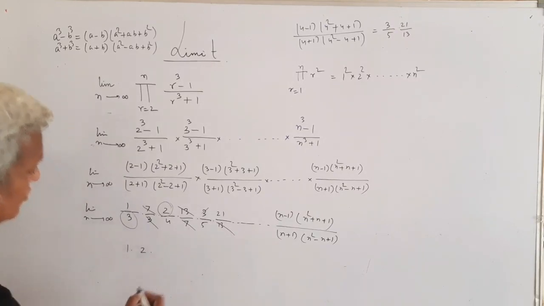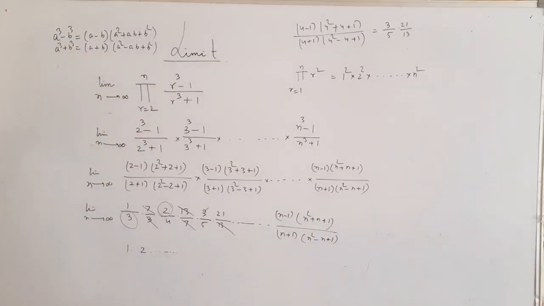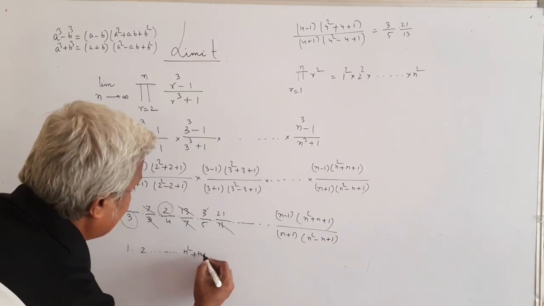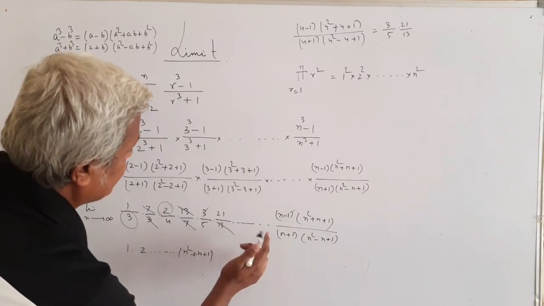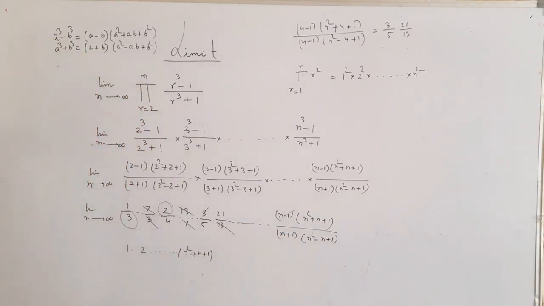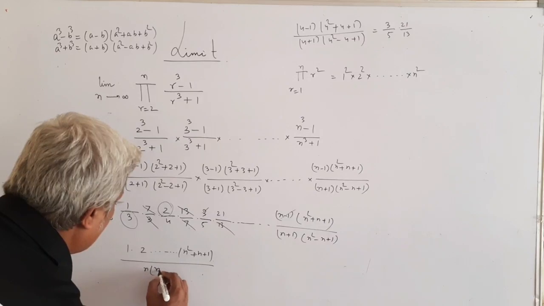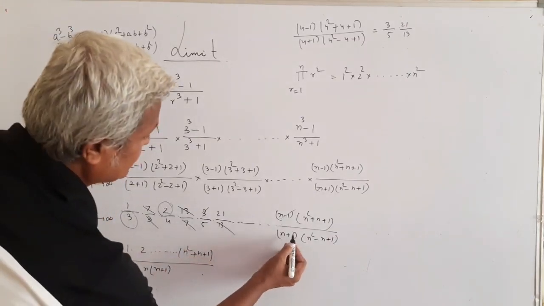And then we will find 1 dot 2 dot dot dot, and then this term, that is n square plus n plus 1. This will also get cancelled by the term with n minus 1 here, and in the denominator you will find n plus 1, because it is n plus 1.